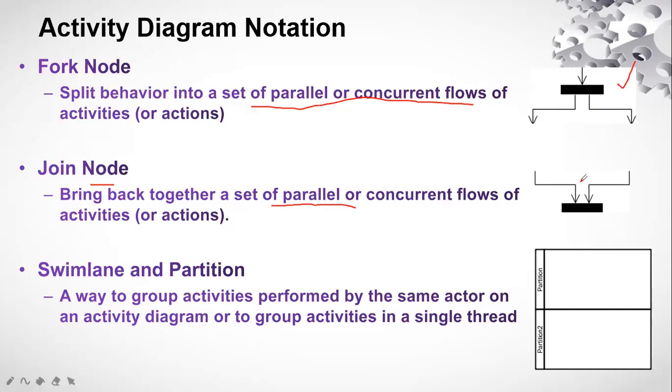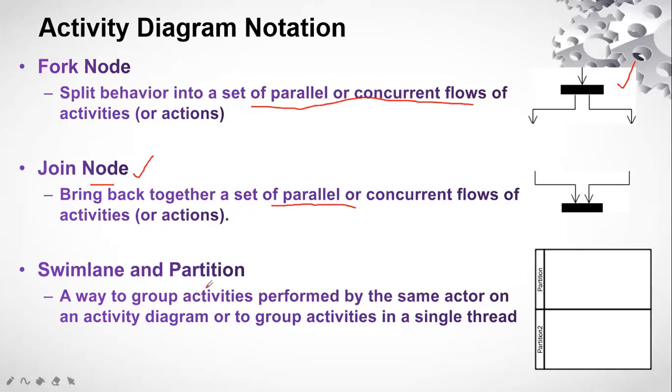The two control flows are coming into a single action. So let's say there are two activities running in parallel, and then they come together and get merged into one node. That is called the join node.